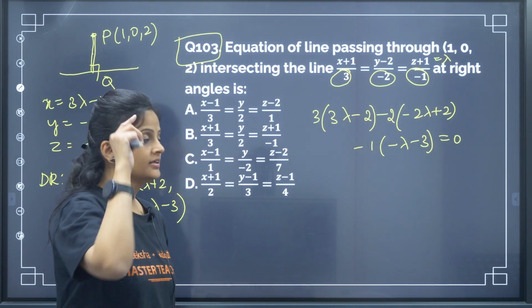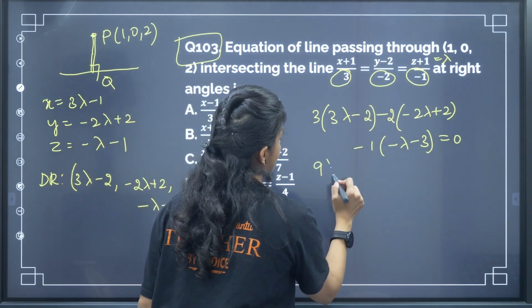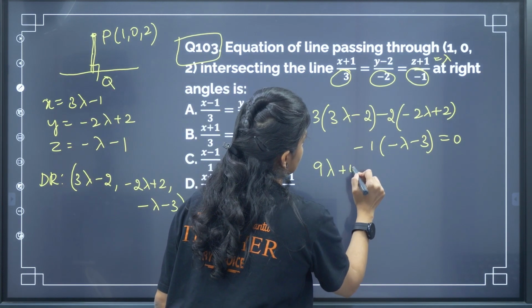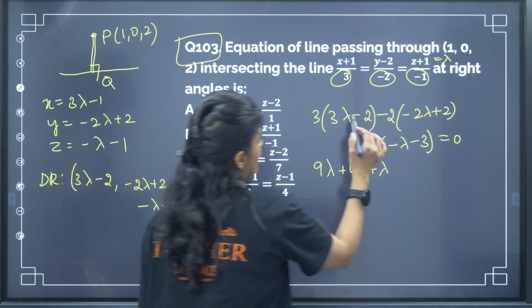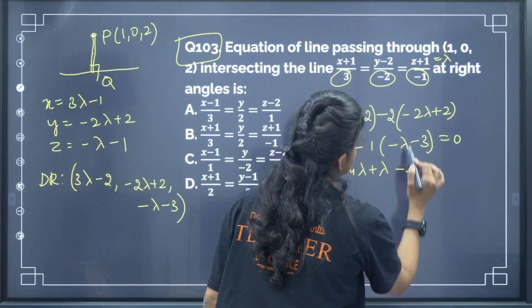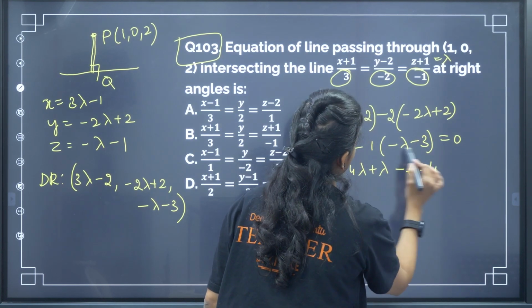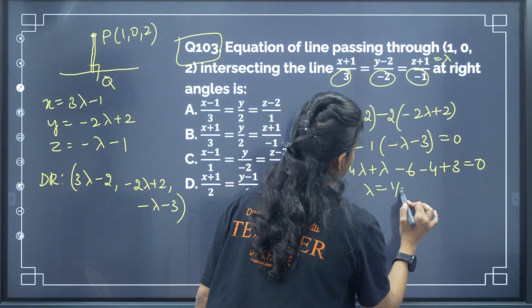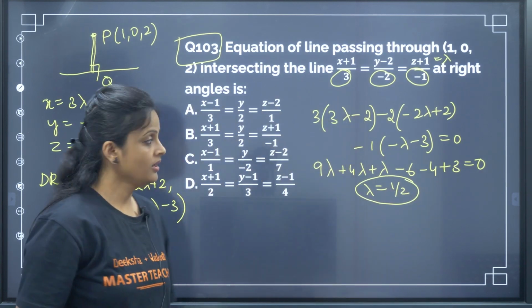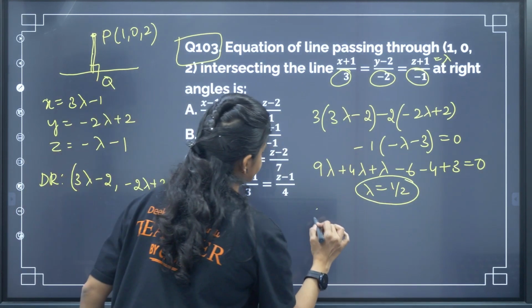Why did I do that? To get the value of lambda. So lambda will be plus lambda, so it is 14, and here we have minus 6, minus 4 and plus 3, 7. Lambda will be 1 by 2. If I have lambda, the point also I will get, right?